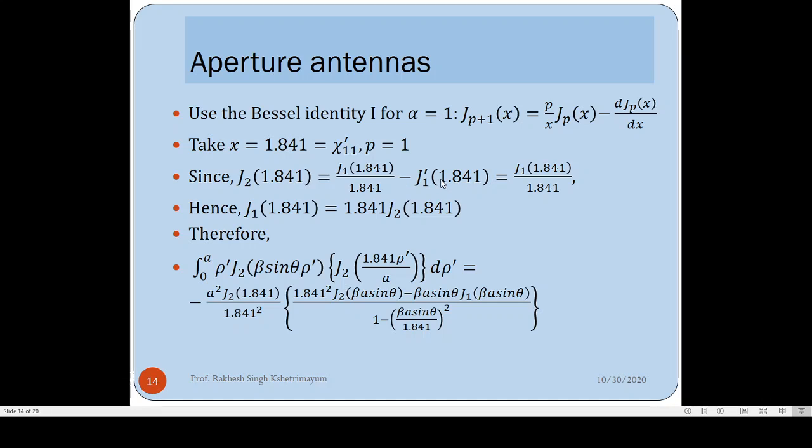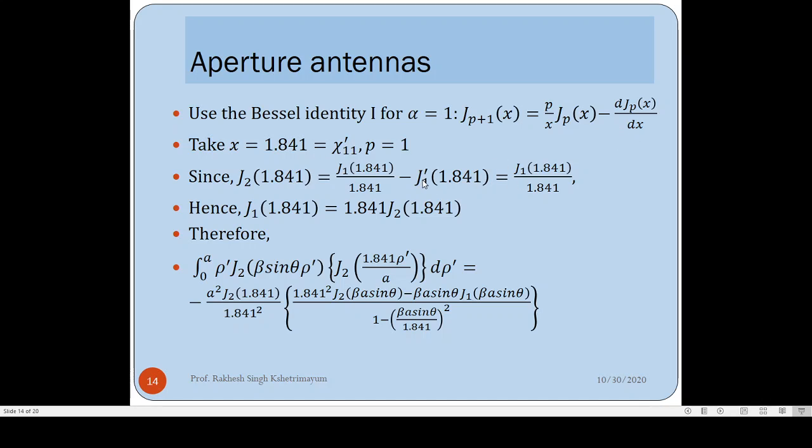At the starting of this topic on the open-ended circular waveguide, we know that the first derivative of the Bessel's function has a root equal to 1.841. What was 1.841? It was the first root of the first derivative of the Bessel's function.